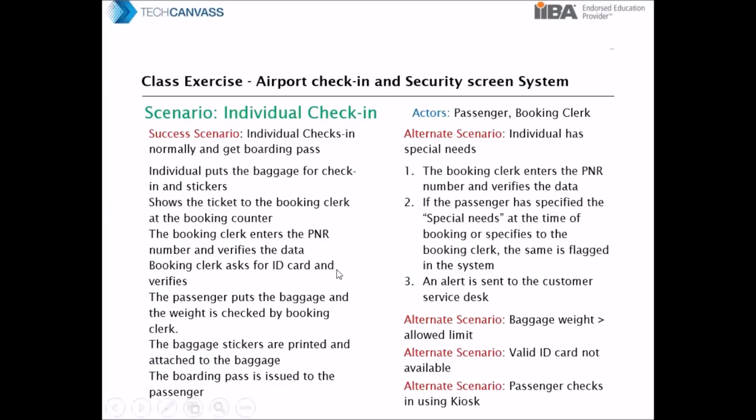Similarly, for all the scenarios, you need to identify these steps. Why are these steps identified? Because it's very important to understand how a particular thing is going to be achieved, and you will see later how these steps are going to be used in our OOAD methodology.